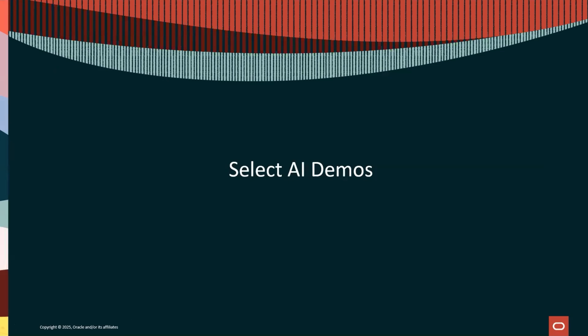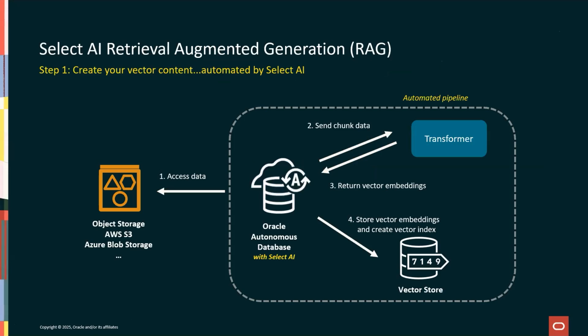I would like to showcase two demos in this session. One is how we can leverage SelectAI with RAG. This is how the architecture looks, and how we build a vector store with SelectAI. The first step is to create the vector store from the documents you have in the cloud storage.